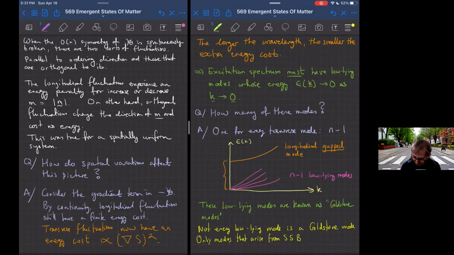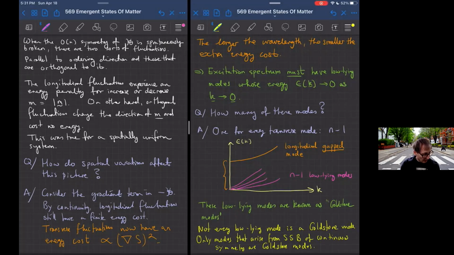So I'll let you think about what other modes there could be that are low-lying that are not Goldstone modes, and we'll talk about that next time.